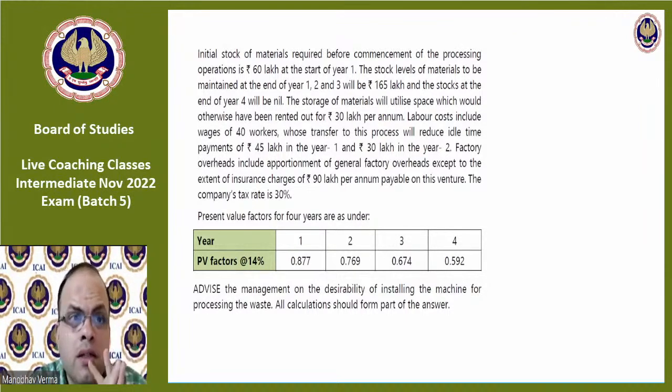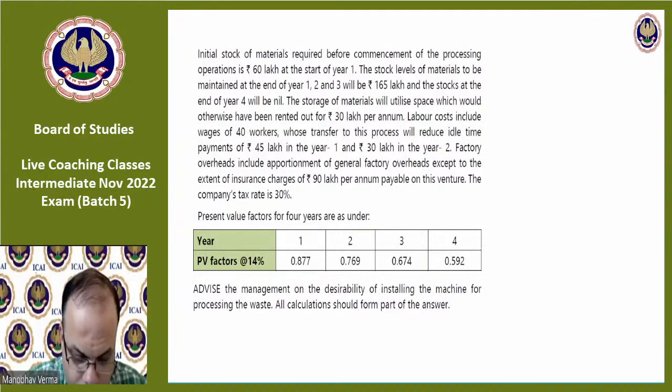Initial stock is 60 lakhs, and then you're talking about 165 lakhs and so on. Storage of materials will result in an opportunity cost, I would say. I hope you remember that. We discussed the opportunity cost.